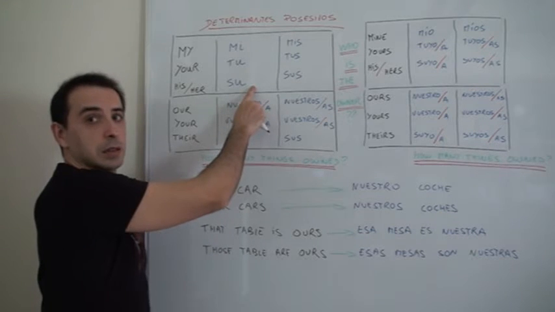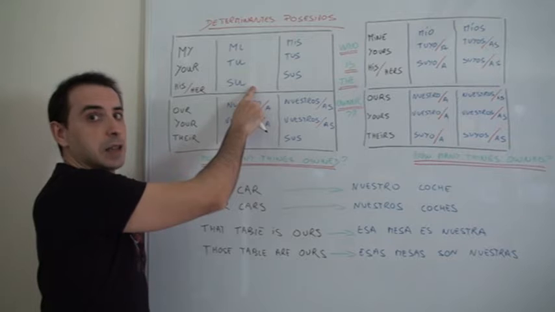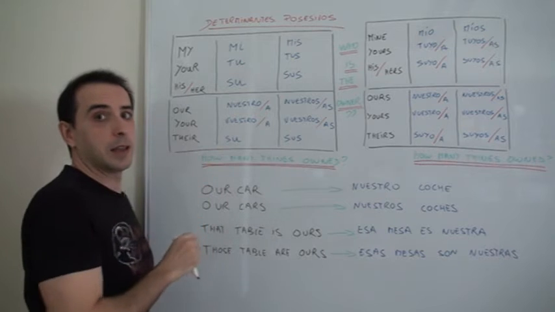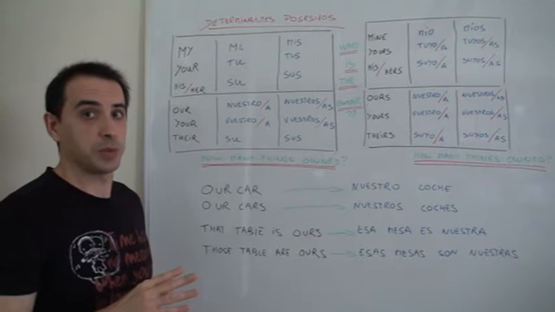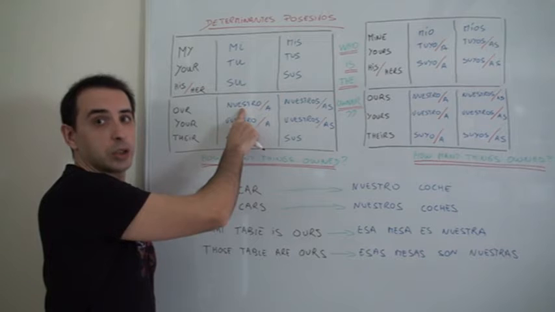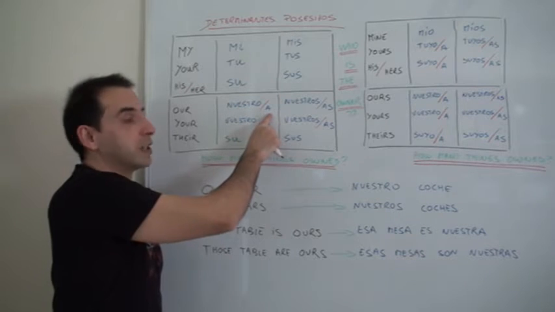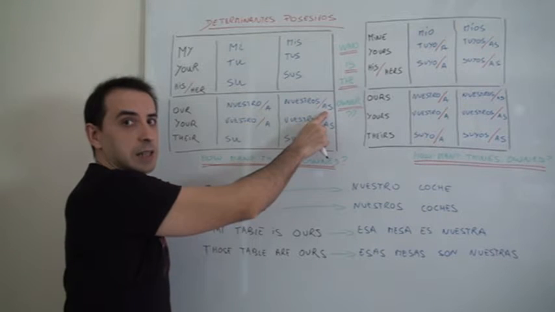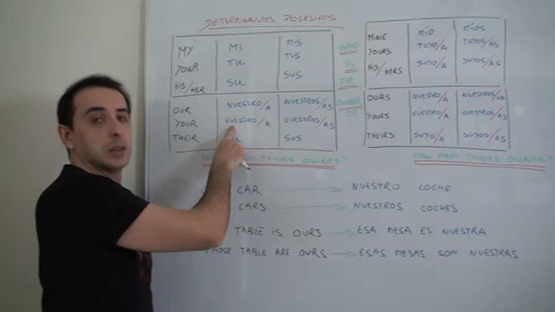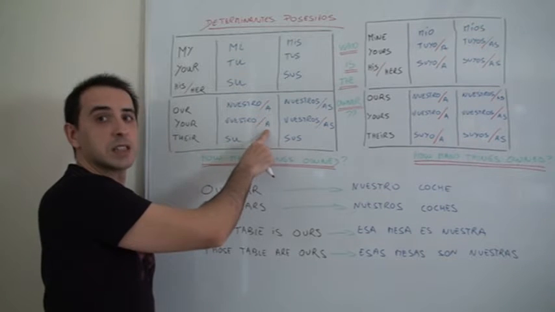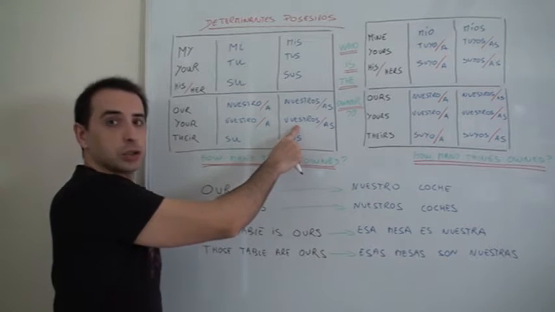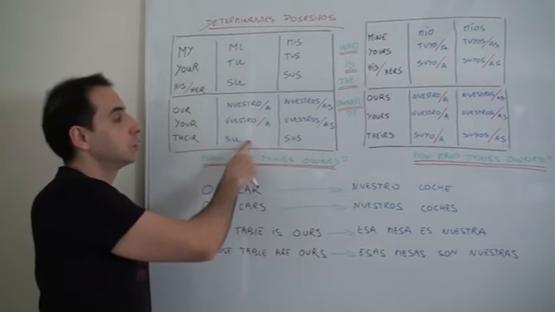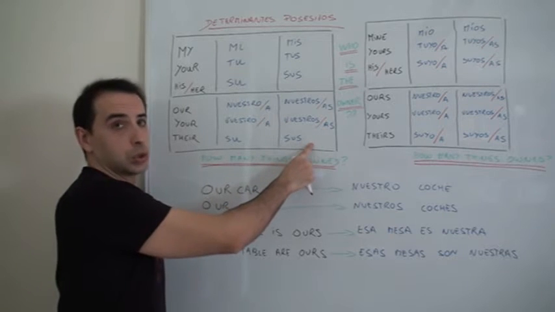In Spanish, it doesn't matter in this case, but the following one, our, again we are going to have the four options: nuestro, nuestra, nuestros, nuestras, then vuestro, vuestra, vuestros, vuestras, and the last one, su, sus.